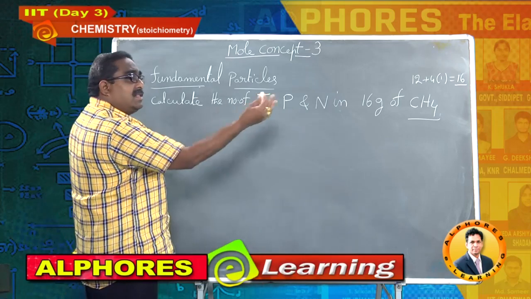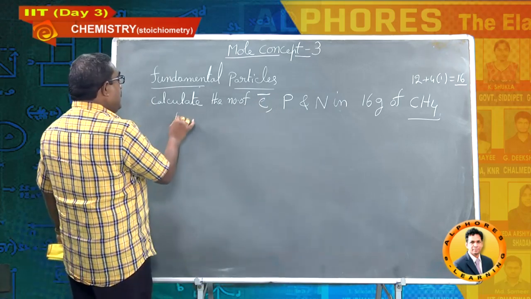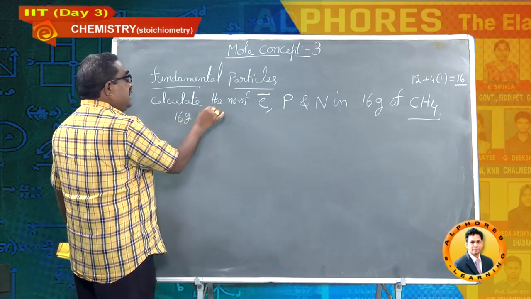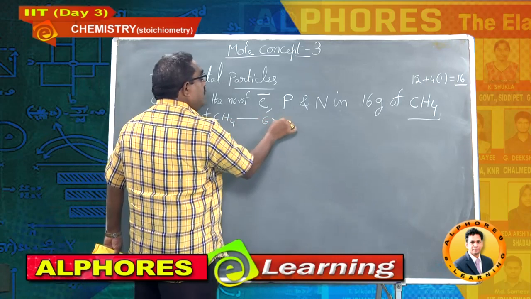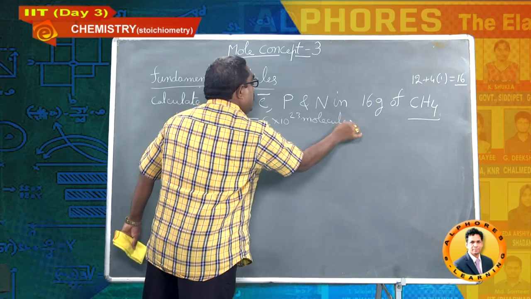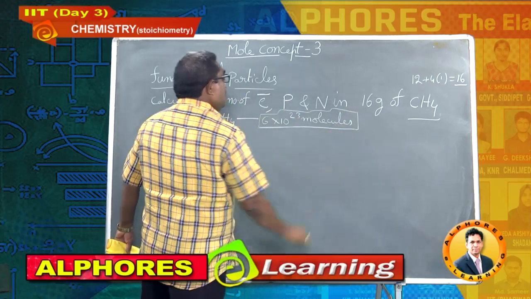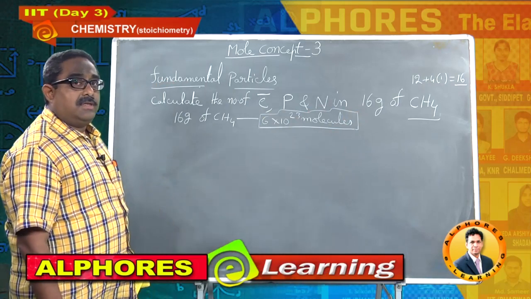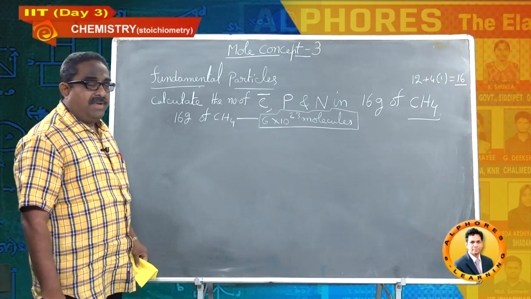So, based on the definition of gram molecular weight, we can simply write 16 grams of methane contains 6 into 10 power 23 molecules. Now, I am having the number of molecules in the given sample of 16 grams of methane.